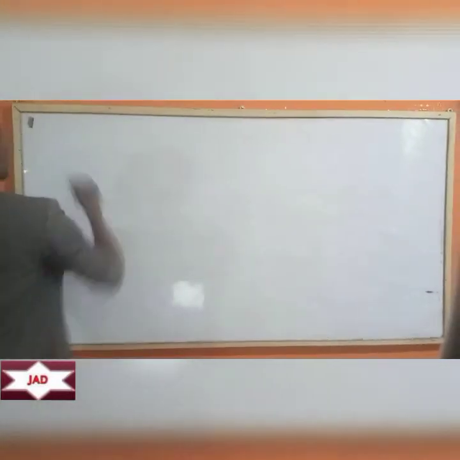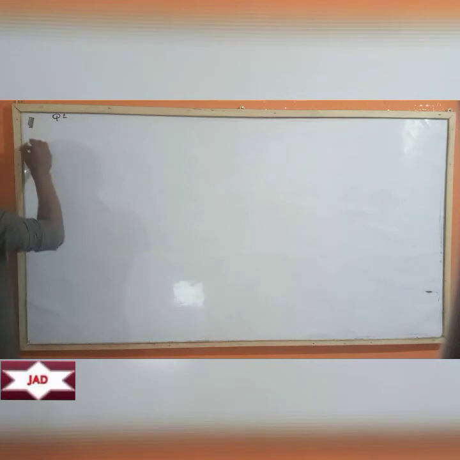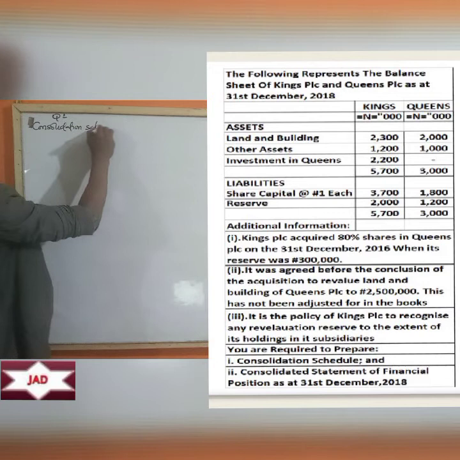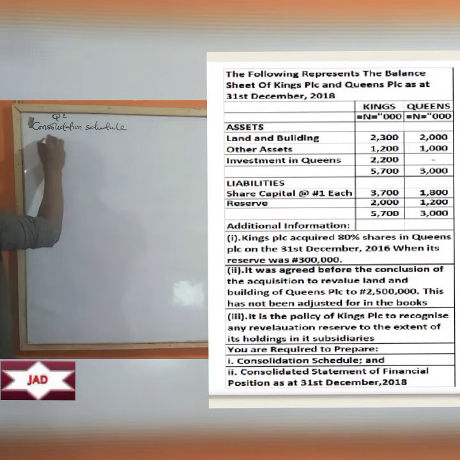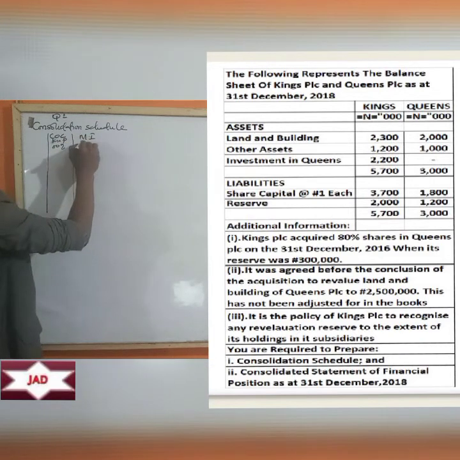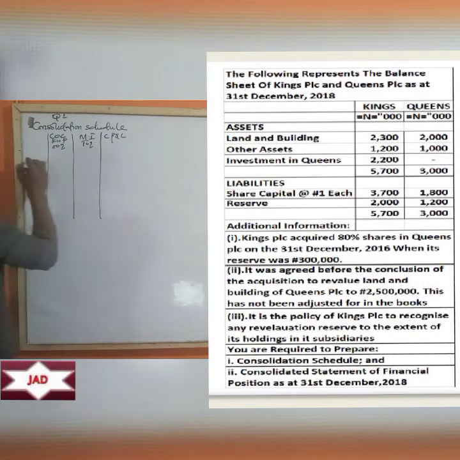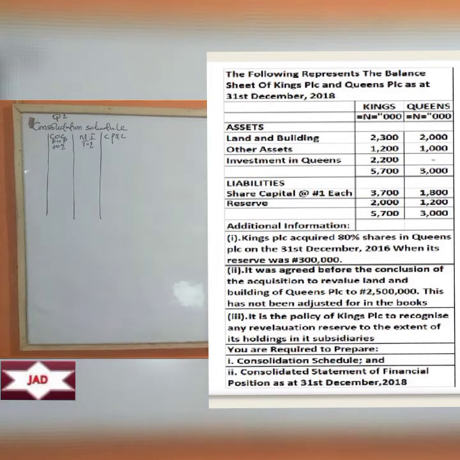So here, as usual, let's call this question 1. So we have the consolidation schedule, right? So it's going to be cost of control, which is of course Kings, and Queens is 80%, minority interests is 20%, CP and L. Okay, so what do we have?